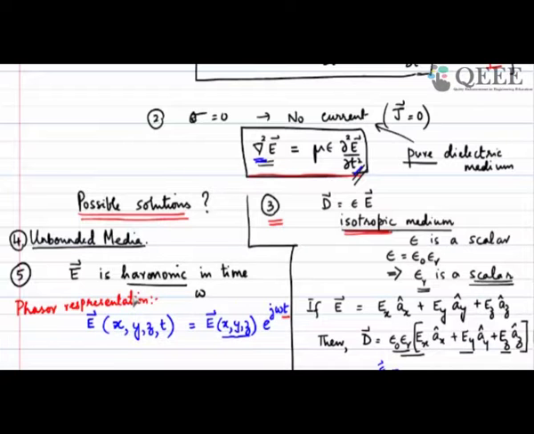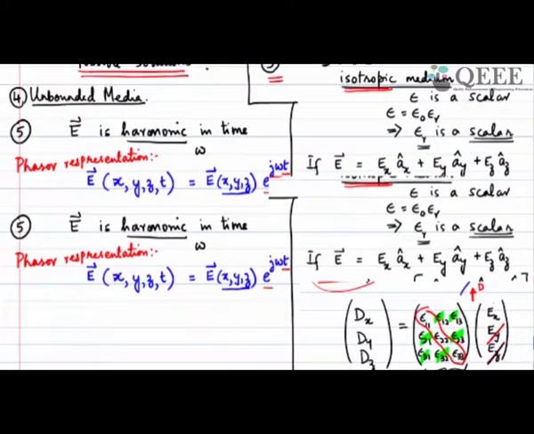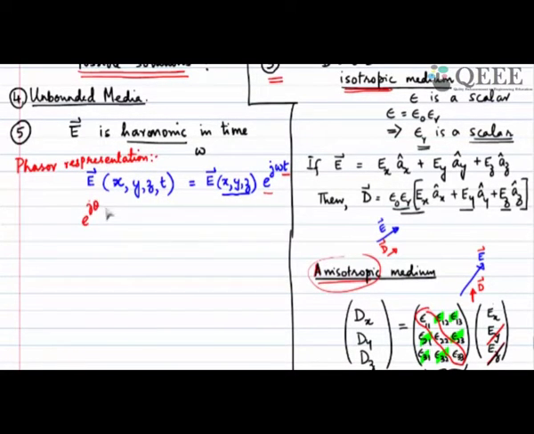The point to remember is, this is an exponent, and remember e power j theta has cos theta plus j sin theta. It has a real part and a complex part, and my electric field is not complex. It is actually a real number. I know that it is a real number. It is some volt per meter. It is not imaginary. So, I have to be careful while writing this.